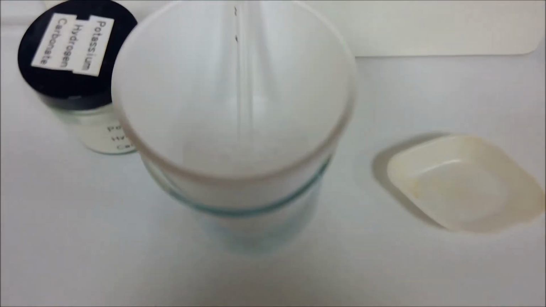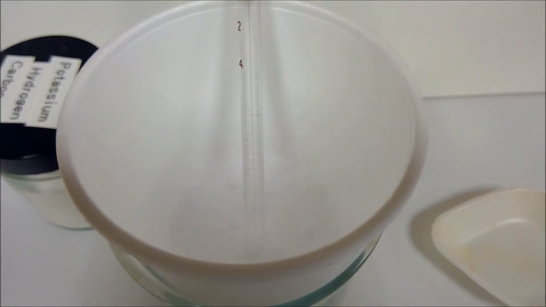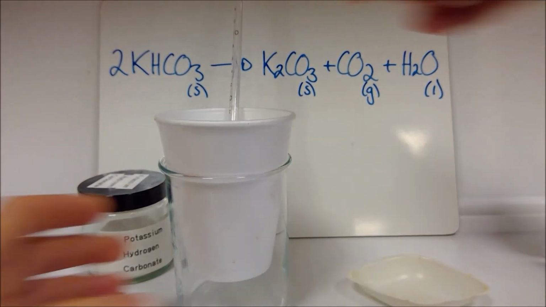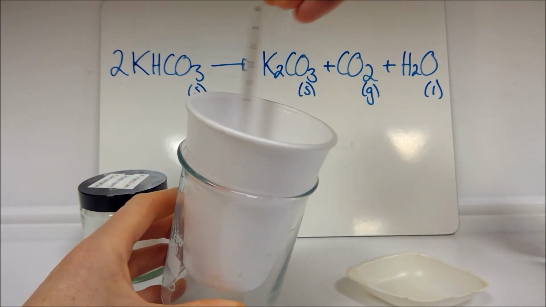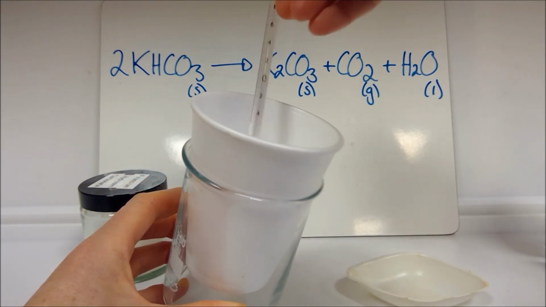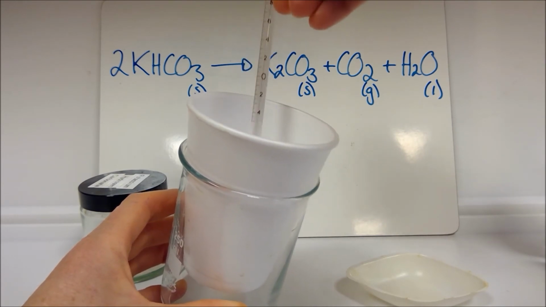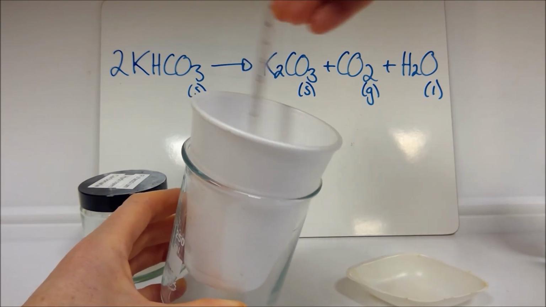So you can have a quick look in there. There we go, fizzing away. Put you back down here. Okay, and then I'm just monitoring the temperature. So it's going up here, and I just keep an eye on this until we get the maximum temperature reached.